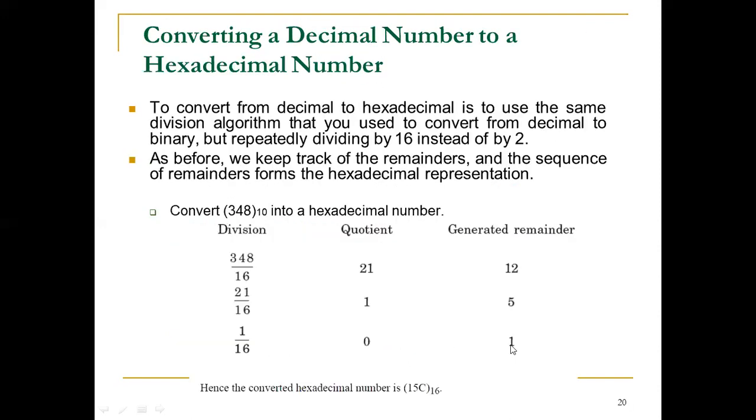Then it is 1, 5, this is MSB and this is LSB, 1, 5, 12. So 12 in hexadecimal is C. 12 is equivalent to C in hexadecimal. So in this way we have converted the decimal number 348 into its equivalent hexadecimal number, that is 15C with base 16.